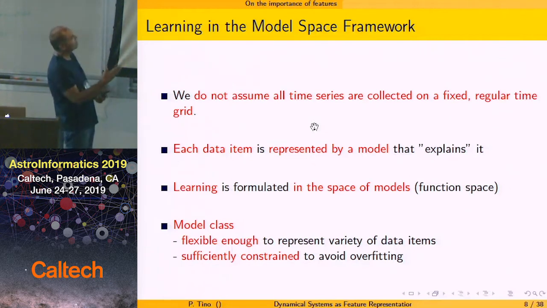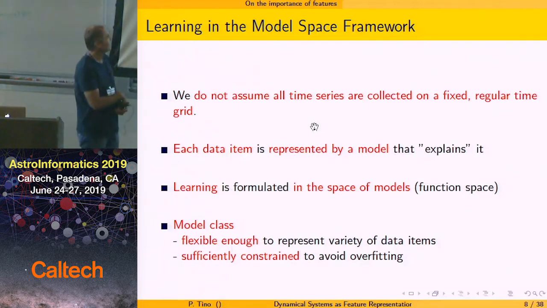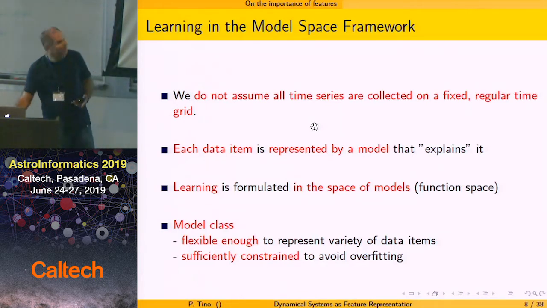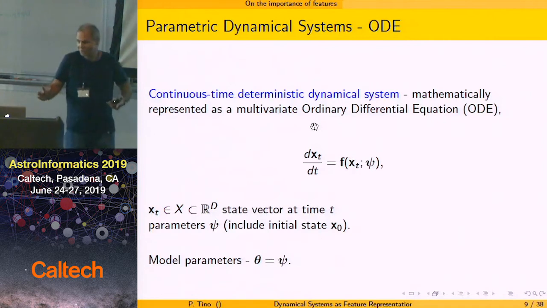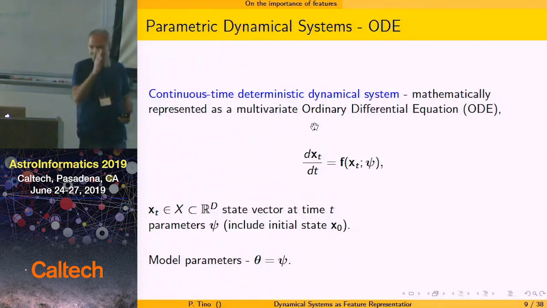And so then the question is, what should be our model class? Well, it should be flexible enough to represent the variability of the data that I get, but it shouldn't be too flexible because then I can easily overfit. What I'm going to argue today is that, depending on your task, my task is not perfect modeling of the time series. For example, if my task is classification of the time series, all I want is that my inferential model is capable of extracting features that differentiate between classes.